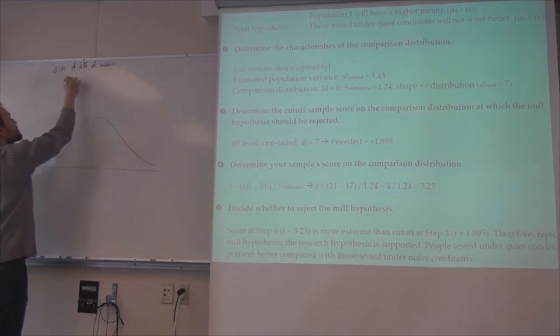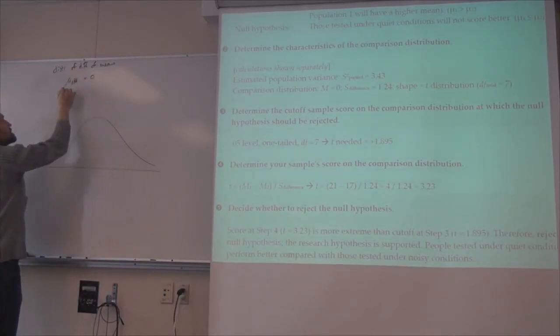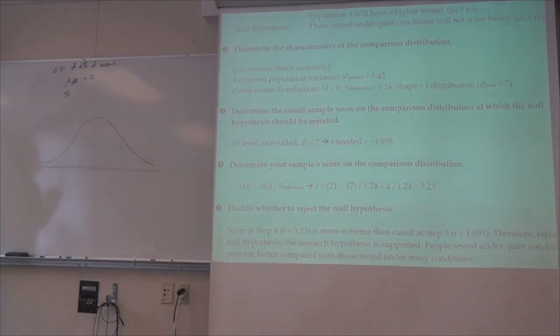So let's call it mu difference. That's 0, and the variance, so just be careful here. I've added the variances, and then I take the square root of that. I don't add the standard deviations. It's variance that gets used in the calculations, and at the very end, I take the square root.